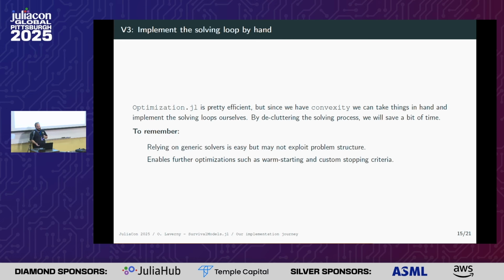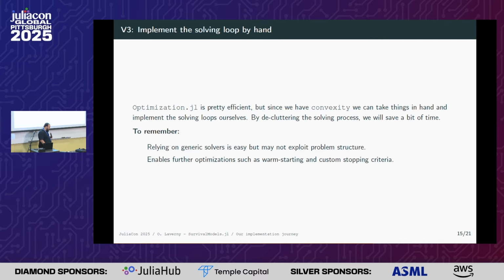So this version 3 is basically getting back most of the problem for ourselves instead of trusting optimization.jl. In fact, while we do that, we can also exploit the convexity to its maximum by using pure Newton-Raphson instead of some Newton with an approximated hessian. So this was also part of the gain that we had here.